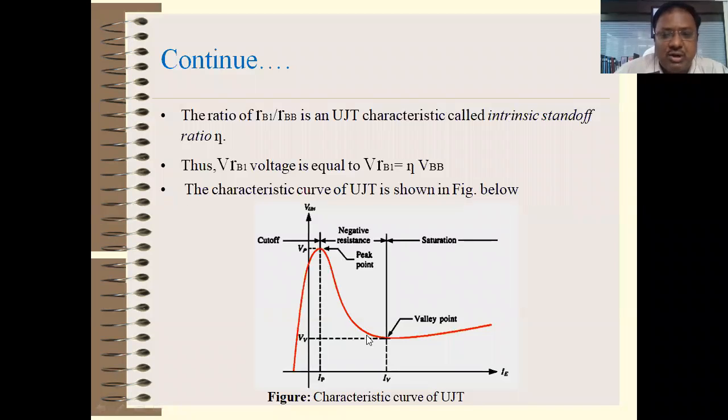So this region is called a negative resistance region, where the UJT turns on, and because of that the value of RB1 decreases, and as RB1 decreases, the voltage across that RB1 also decreases. So see here, the voltage also decreases. It reached the valley point, that is the on state voltage drop of UJT.